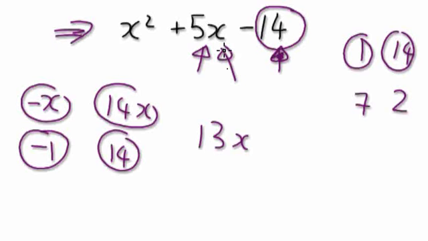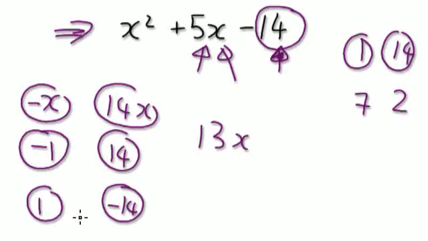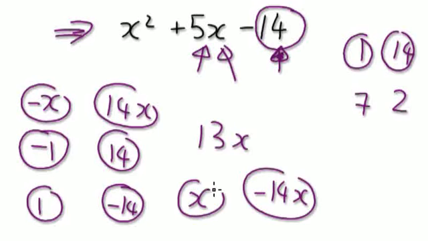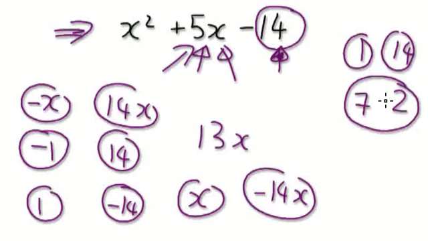But we need 5x. You could say a positive 1 and a negative 14. In this case, you will later on have 1x, and then minus 14x. So when you merge the two here, it will give you 13x. But we need 5x. You see, you've got to use 7 and a 2.